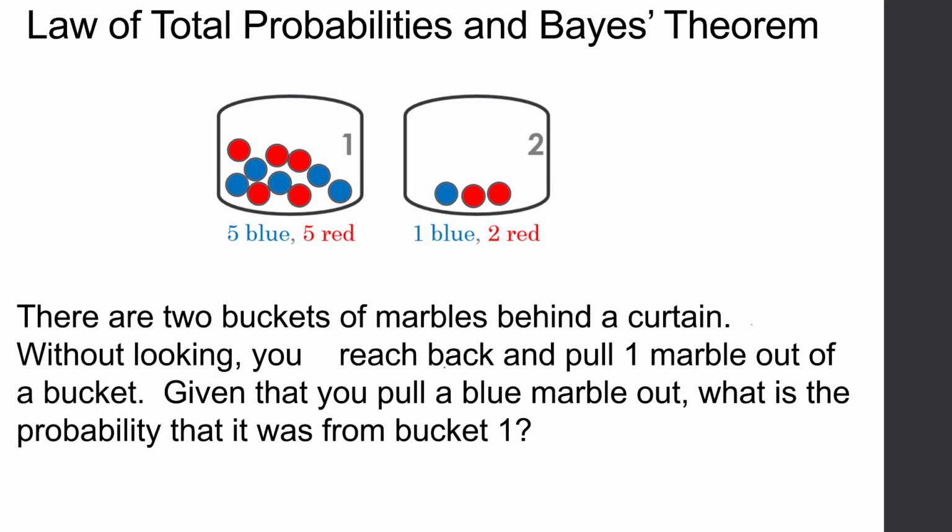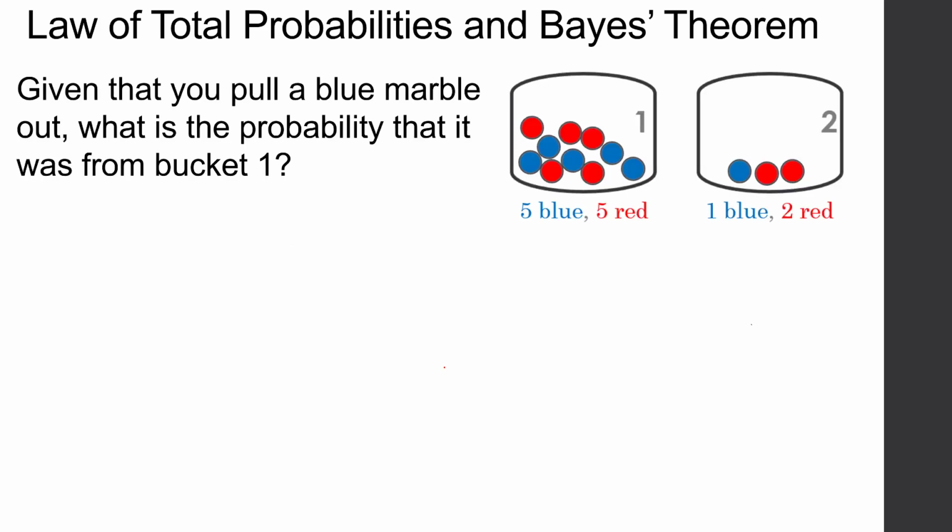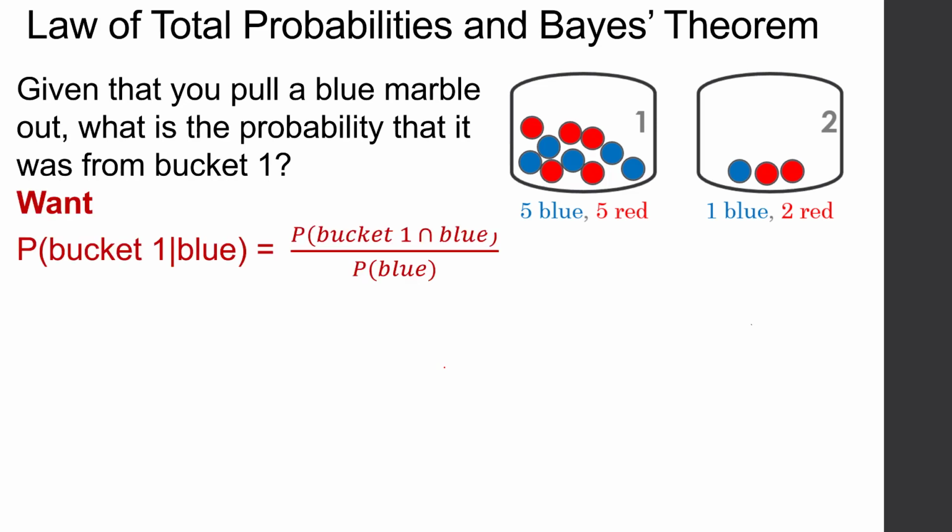So let's suppose we have these two buckets of marbles, and they're behind a curtain, and without looking, you reach back and pull one marble out of a bucket. Given that you pull a blue marble out, what's the probability that it was from bucket 1? All right, so first let's write down our probability statement, what we want. We want to know the probability that you're from bucket 1 given that you pulled out a blue marble, right?